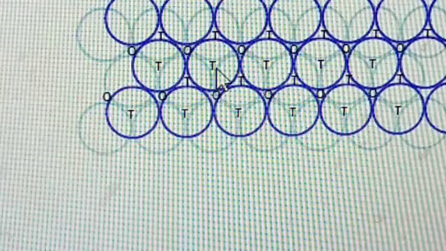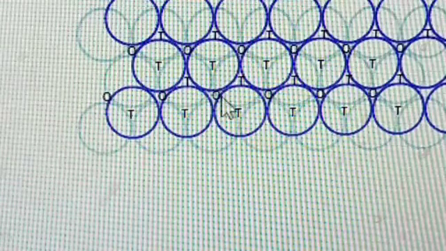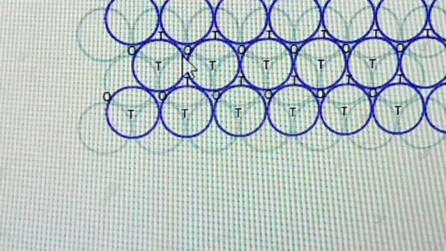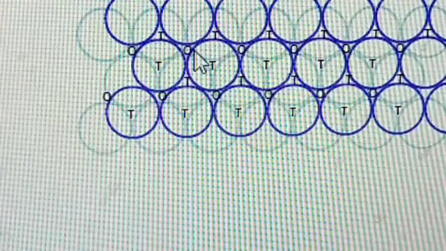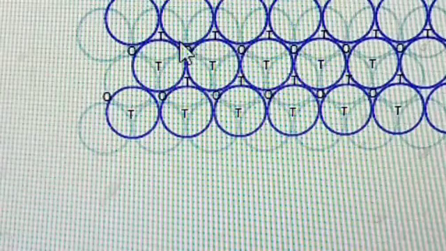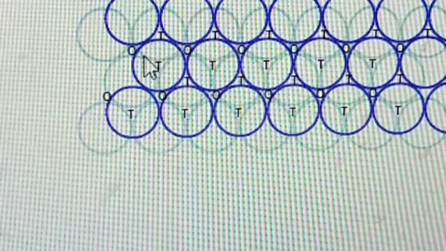When the sphere of the second layer is placed over the void of the first layer, these voids are called tetrahedral voids. Why can we call them tetrahedral voids? Because when we join the centers of these four spheres, we get a tetrahedron.